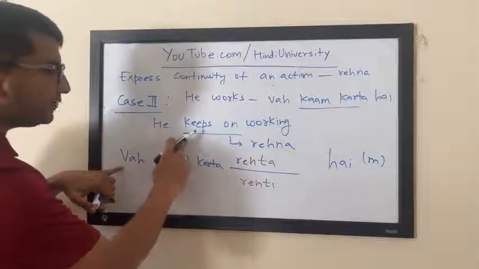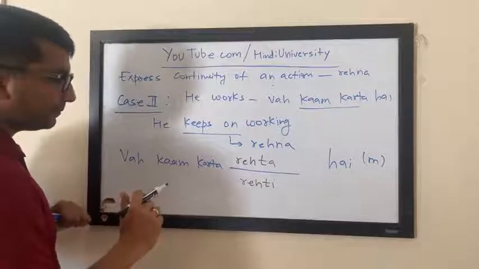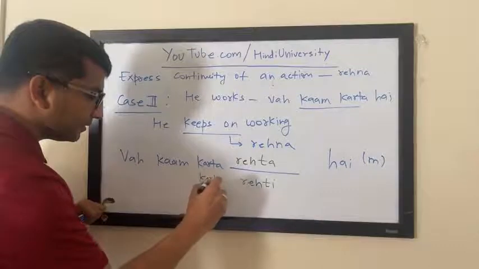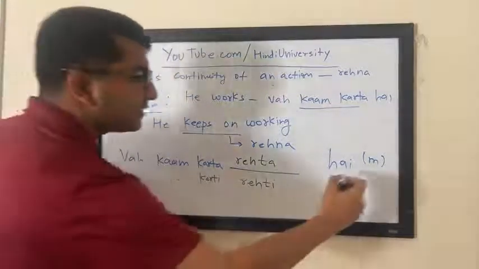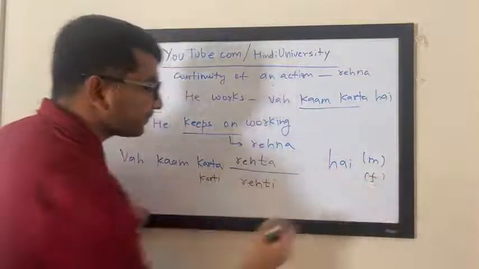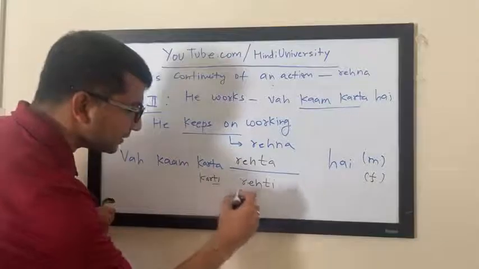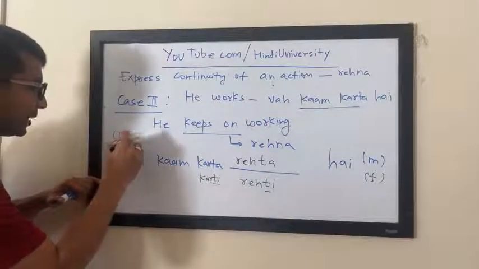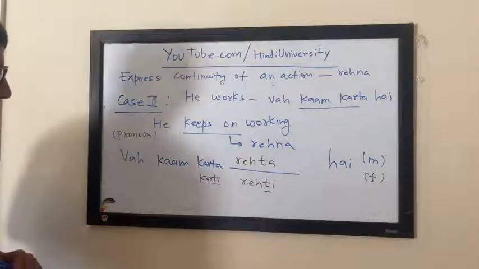If you have she works, it would be वह काम करती. Very good. वह काम करती रहती है. This is female. So the form of this and this is based on the pronoun that you have here. Okay.